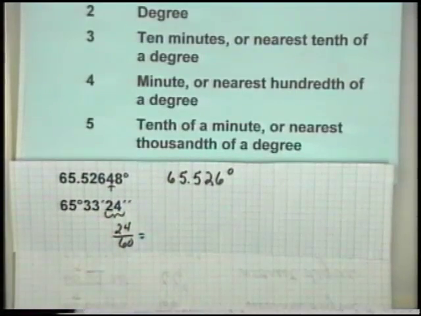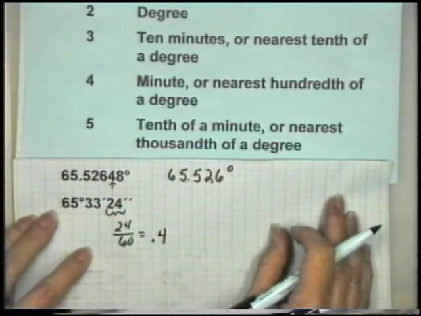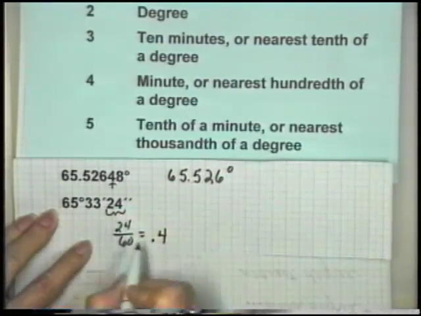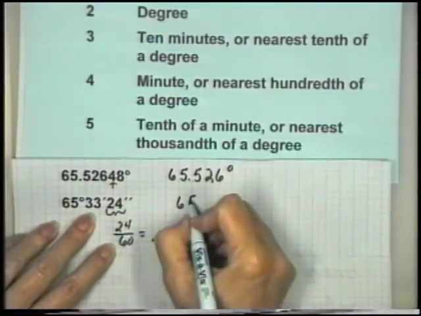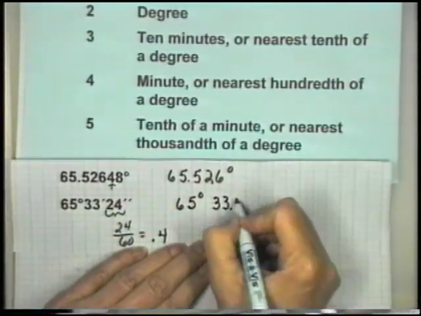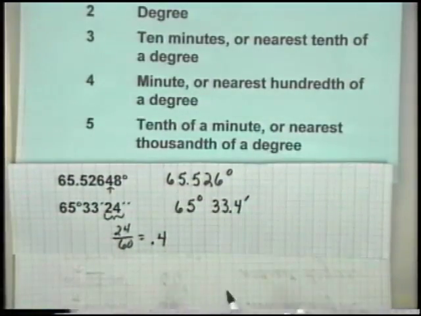So you'll just take your number of seconds, divide by 60, and that will give you what part of a minute that is. And did you get that it's 4/10? How nice that it was already rounded. So these 24 seconds represent 4/10 of a minute. So this angle would be 65 degrees, 33.4 minutes.